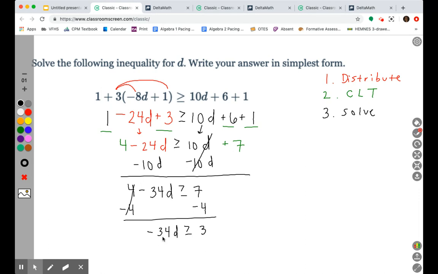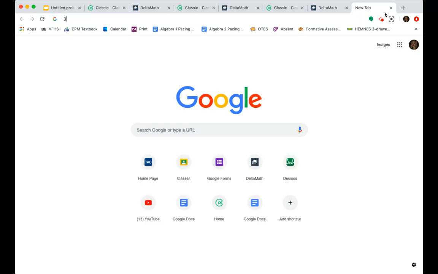And then our final step to get that variable all by itself is to divide off the negative 34. Since you just divided by a negative, that tells you that you need to flip your inequality symbol. So it'll now be less than or equal to your variable all by itself on the left. And on the right, I have 3 divided by negative 34.